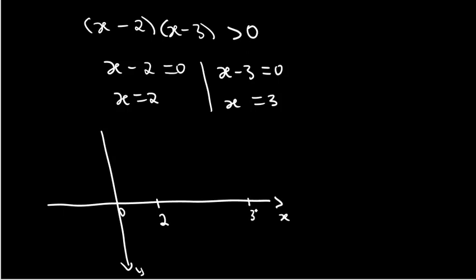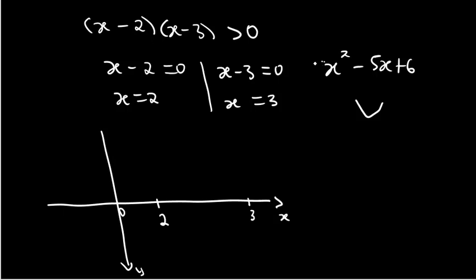This is not drawn to scale. Now, the original quadratic expression was x squared minus 5x plus 6. Assuming we are graphing this, the curve is going to be U-shaped, something like this, because the coefficient of x squared is positive 1.